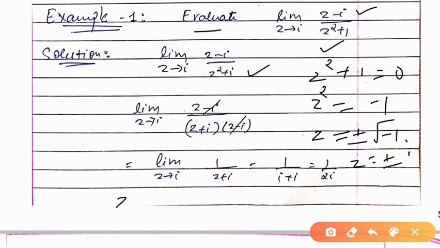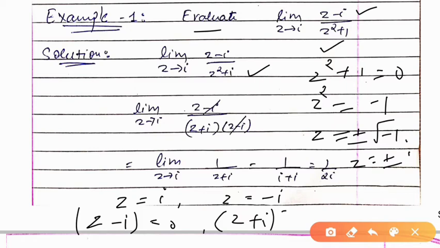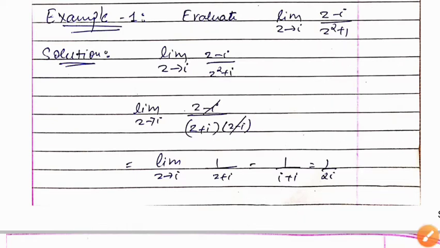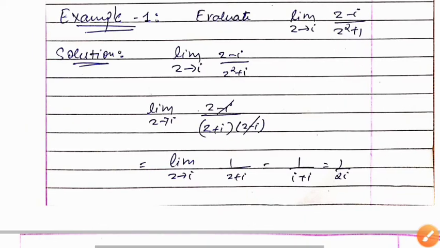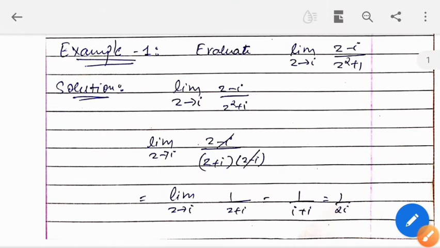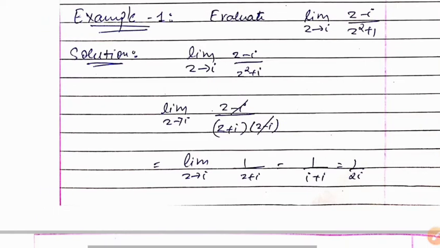So you get z equal to i and z equal to minus i. Now this can be written as z minus i equal to 0, and this can be written as z plus i equal to 0. So in the denominator I have written here z minus i and z plus i.